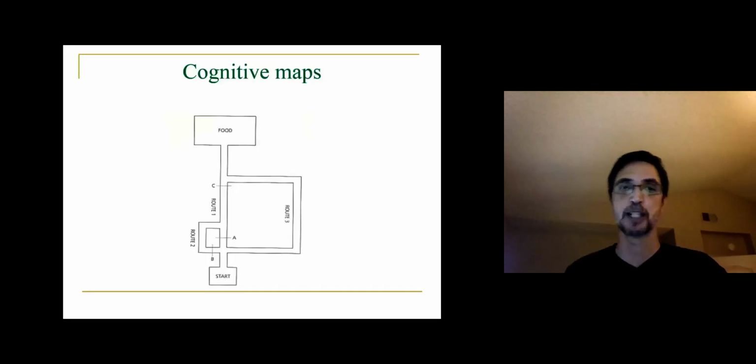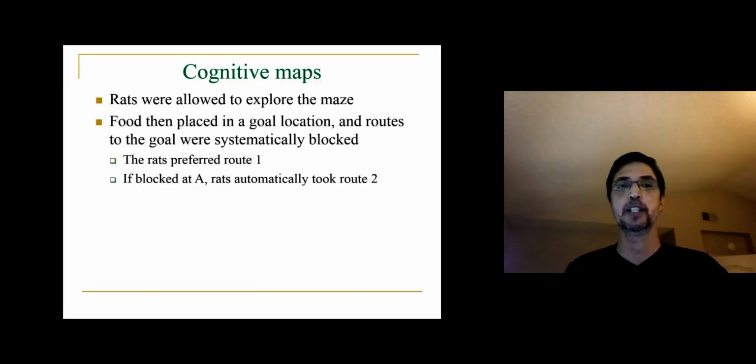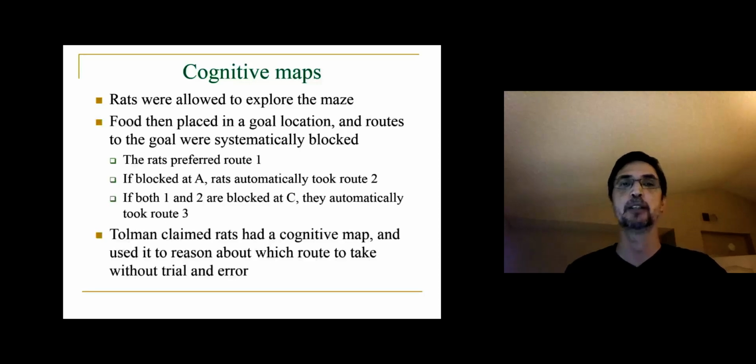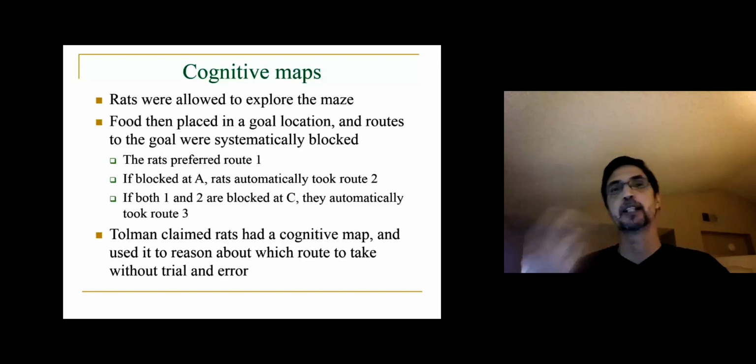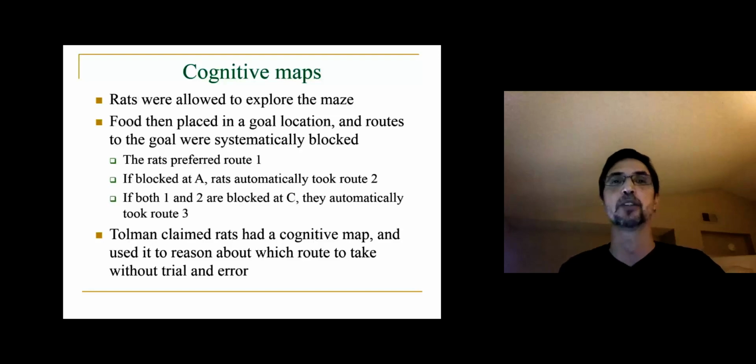You could set up a block at either A, B, or C. Before any blocks were put in, the rats were allowed to explore the maze. The point being that this would allow them to create a cognitive map. And then, once they had explored this maze, food was placed in the goal location, and then Tolman systematically blocked different routes.